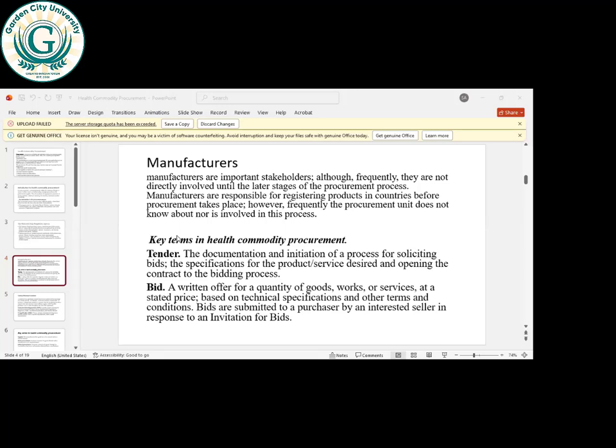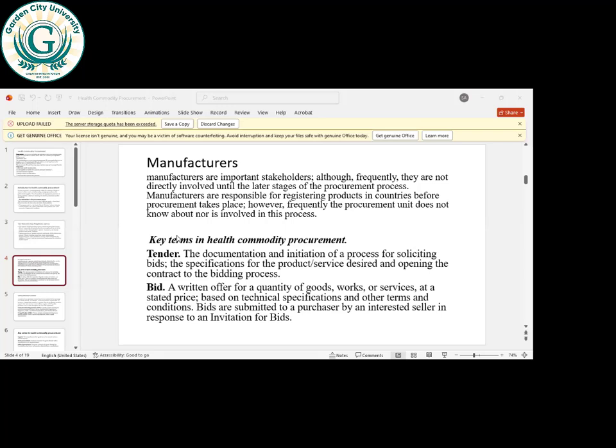The first term, so those who are asking about the tendering and then the bidding, you pay attention and then you get it once and for all. When you talk of tender, tender is a documentation and initiation of a process for soliciting bids, the specification for the product, service desired, and opening the contract to the bidding process.